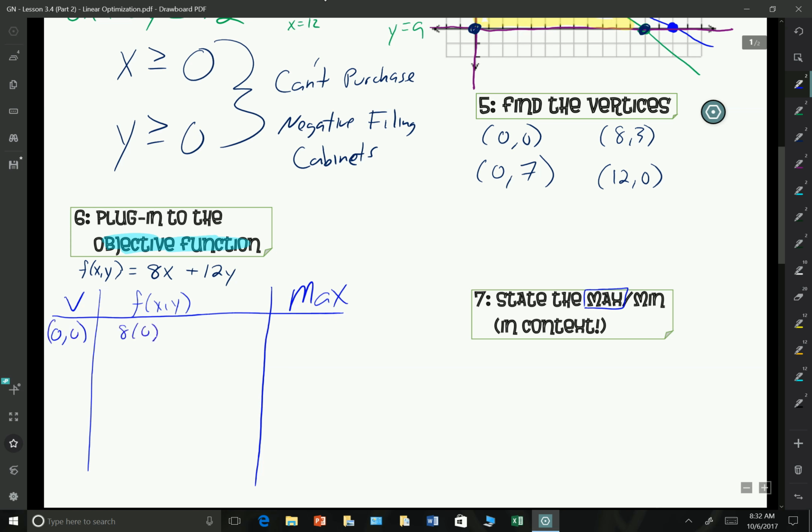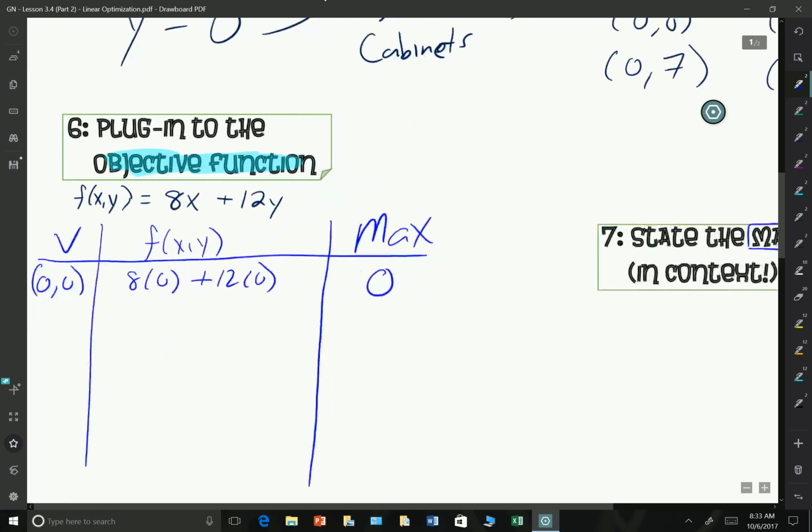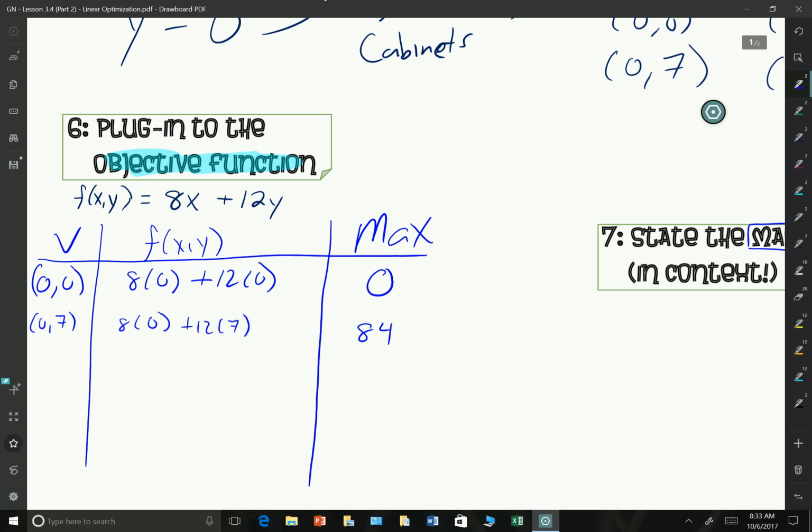If I buy no cabinet X's and no cabinet Y's, how much storage volume am I going to get from my cabinets? None. If I buy 0 cabinet X's and 7 cabinet Y's, I'm going to have 84 cubic feet of storage. So you may just be writing down the numbers, but realize what that's telling you. It's telling you how many X's you're purchasing, how many Y's you're purchasing, and calculating the volume of each one, and then adding it.